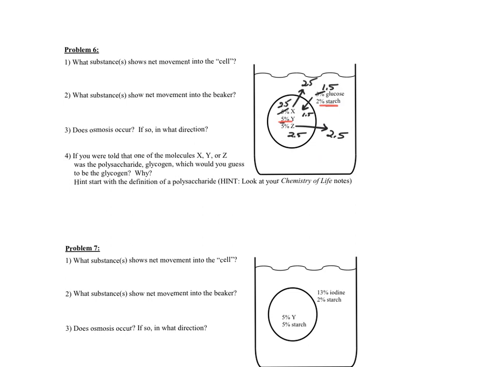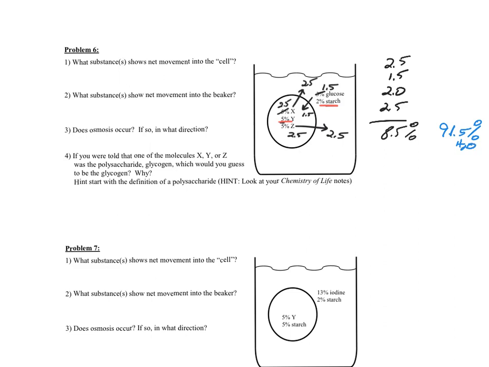But if you're given these kind of, these are going to move, let's work out the problem, let's think about it kind of issues, then you know these are going to move back and forth. So outside you have what percentage? 2.5 plus 1.5 plus 2.0 plus 2.5 is 8.5%, which means what percent water? 91.5. 91.5% water.